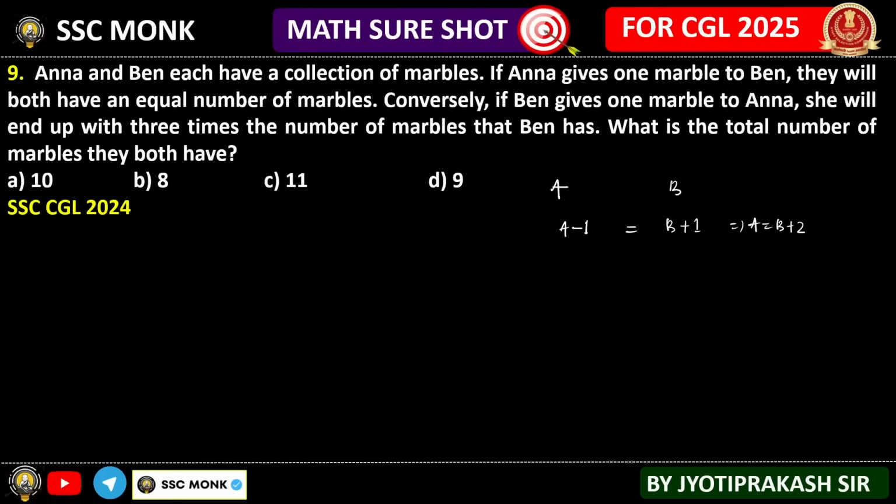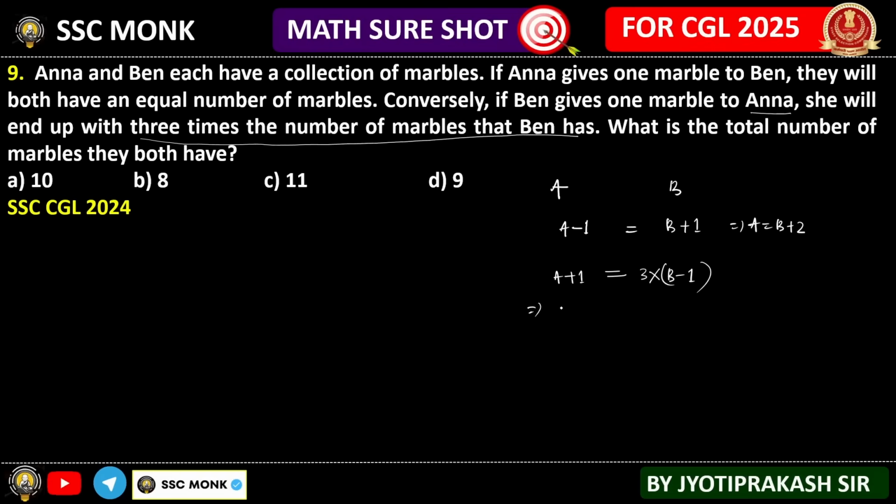Conversely, when Ben gives one marble to Anna, Ben has B minus 1 and Anna will have A plus 1. Anna will have 3 times the number of marbles that Ben has. That means A plus 1 is equal to 3 into B minus 1. Yes or no? Yes. A is equal to what?